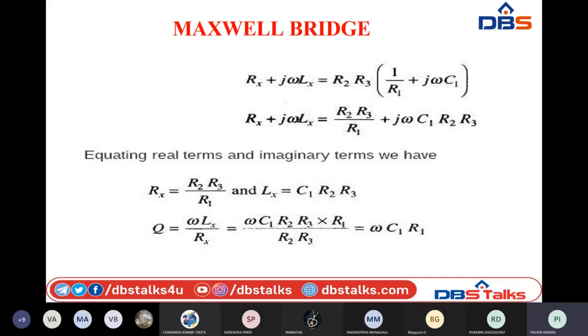If you equate this real part, we will be able to obtain the value of the unknown leakage resistor as Rx equal to R2, R3 by R1. And Lx we get from the imaginary terms, which contain the J value. We equate these two terms now. So J omega gets cancelled, and we obtain the Lx value as C1, R2 and R3.